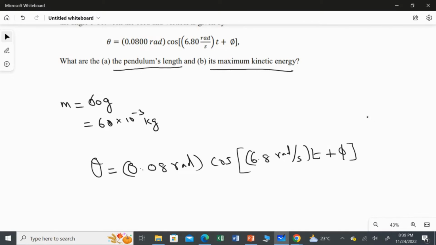As we already know, when you compare this equation with the wave equation, the first one is the amplitude. So we take this as the amplitude theta m. Clear? And what is this part? This 6.8 indicates the angular frequency omega, right?